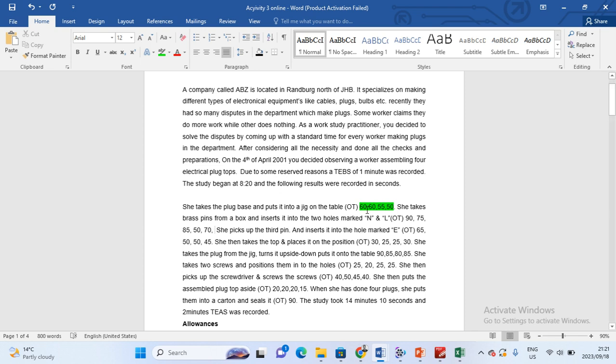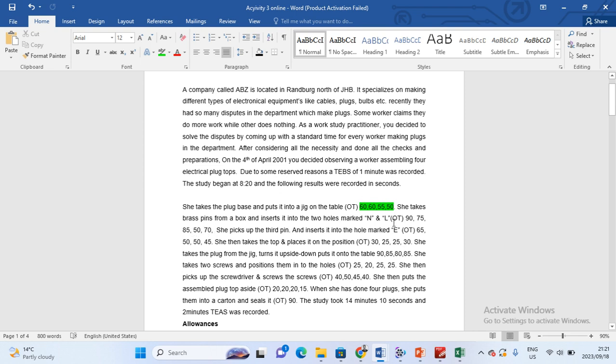60 goes into the first element of our first cycle, and the 60 goes into the first element of our second cycle. 55 goes into the first element in our third cycle, and 50 goes into the first element in our fourth cycle. She takes brass pins from a box and inserts it into the 2 holes marked N and L, again, which are our observation time: 90, 75, 85, 50, and 70.